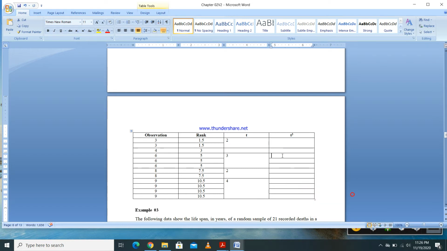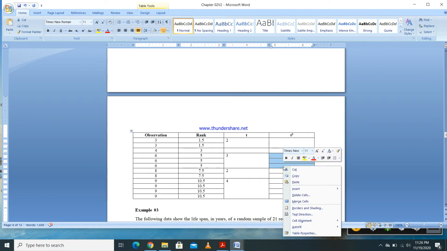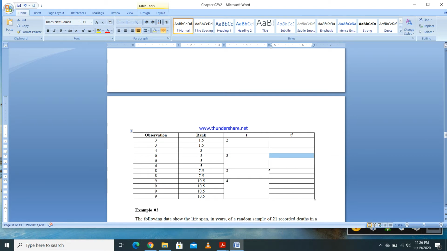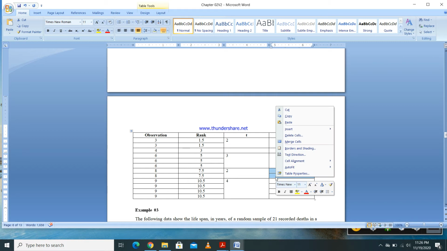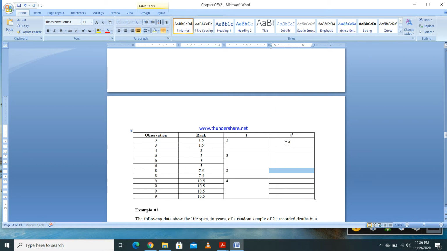After calculating the t value, then it's easy. You just have to calculate the t cubed value, right? So in this case, just to make it clear, the first t value is 2. When you take t to the power 3, it will become 8. The next t value is 3. When you take 3 to the power 3, it will be 27.